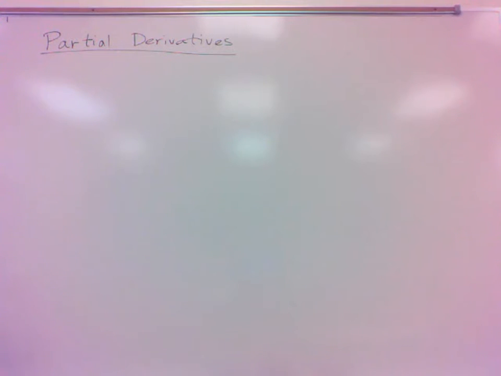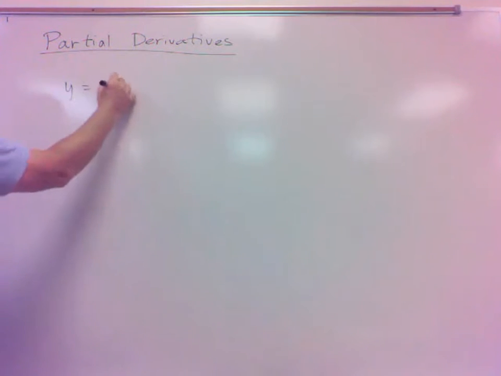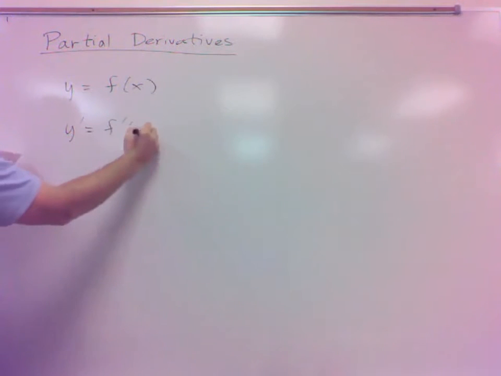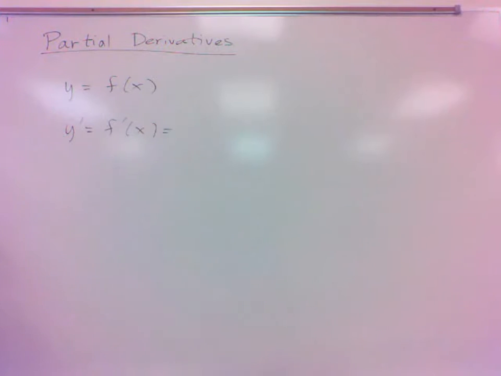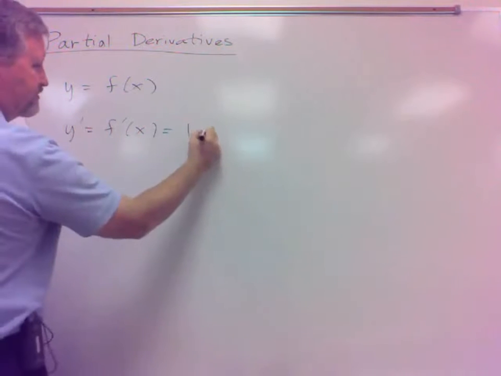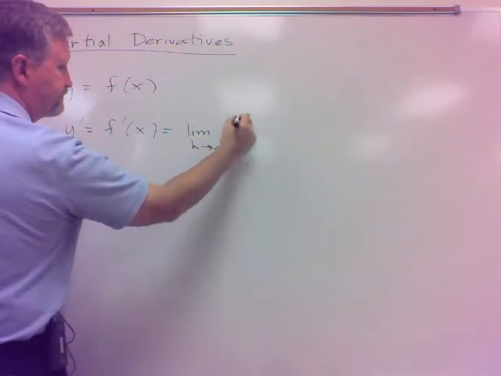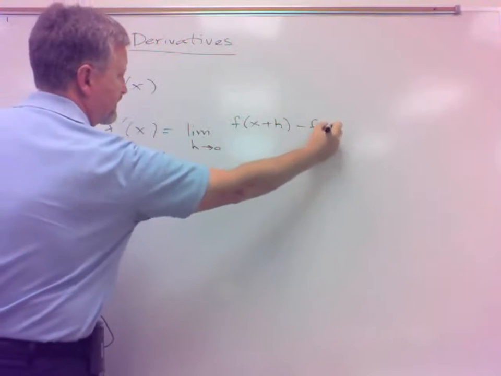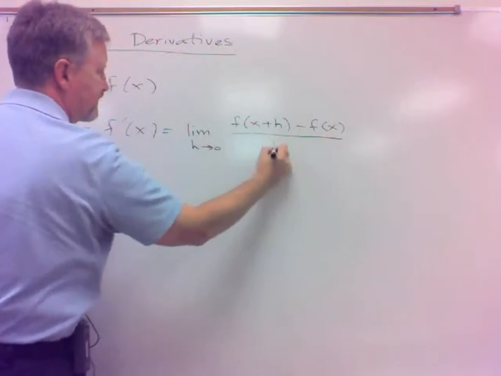Going back to the very limit definition, if we have a single variable function, y equals f of x, then y prime, f prime, what, with the limit definition, are we talking about? Limit as h approaches 0, f of x plus h minus f of x over h.